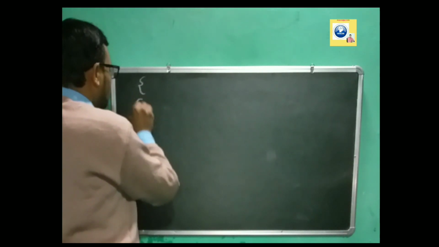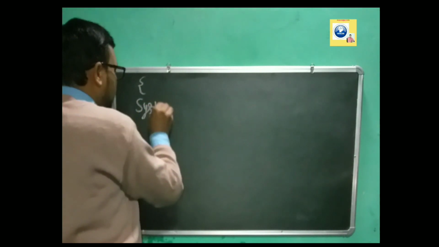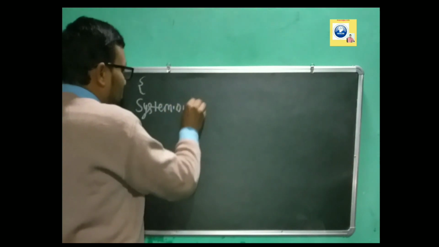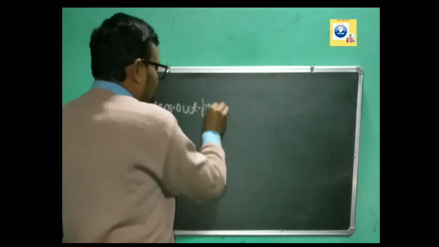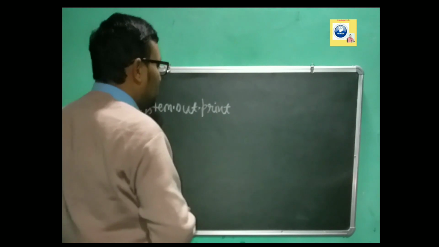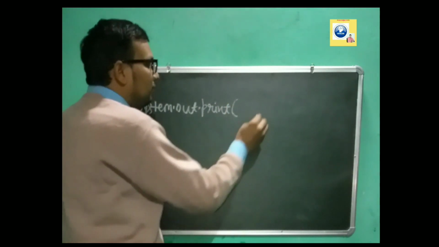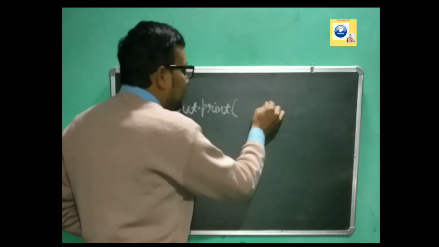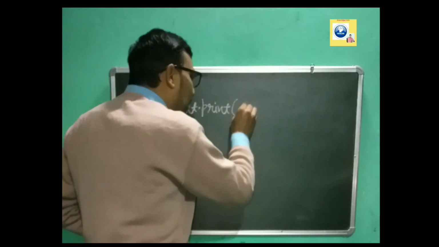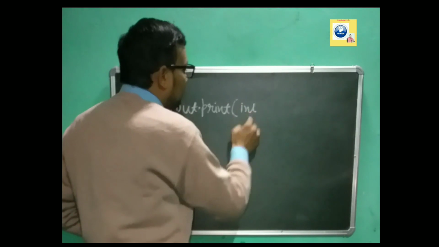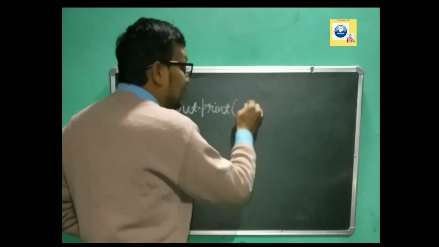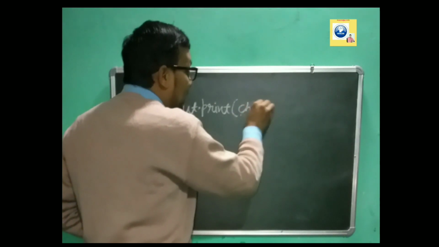Okay, so now we are going to write here System.out.print. And what are we going to write here? What we have to print? We have to print that value. So that integer value I will convert into character.